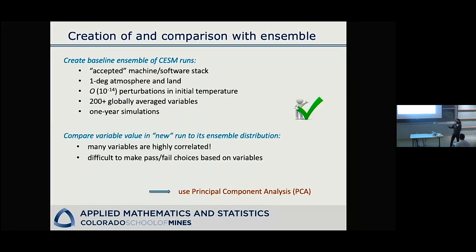So once you have this larger sample, we have many variables. In this case, I've got over 200. So it's not trivial to compare these variables one by one, apart from the statistical issues with multiple comparisons, also these variables are highly correlated.